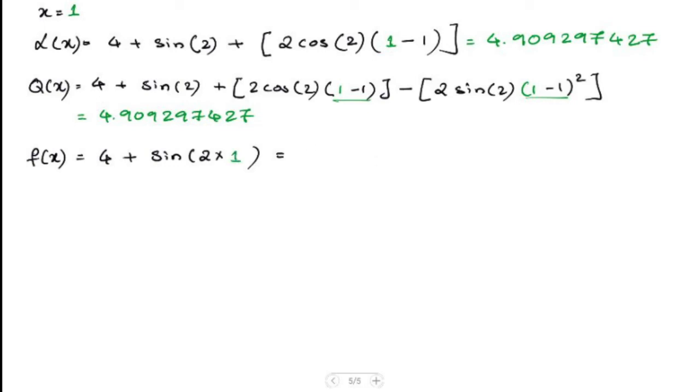And that gives us the same value again, 4.909297427. So here you don't see a variation because it's getting cancelled at 1. In this case the value remains the same.